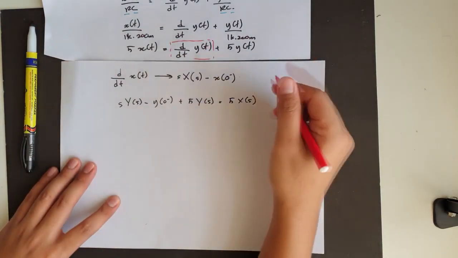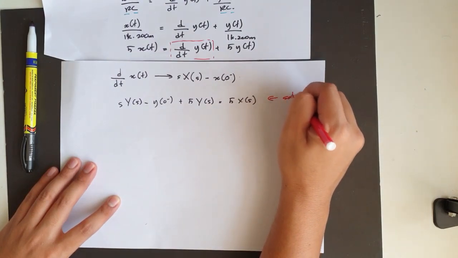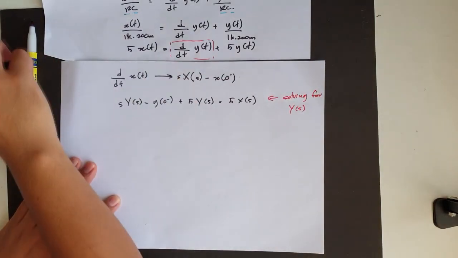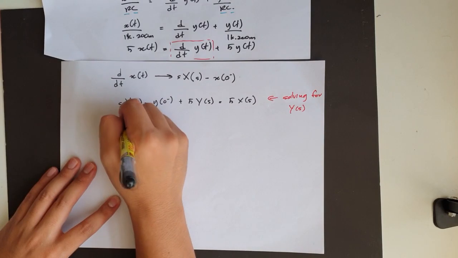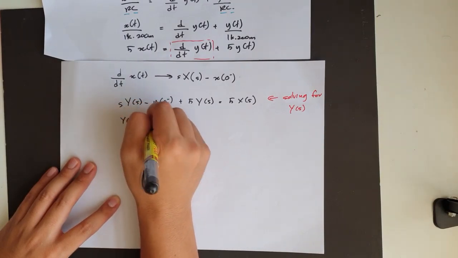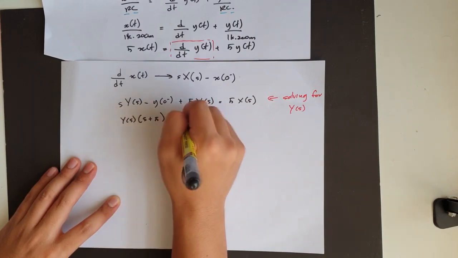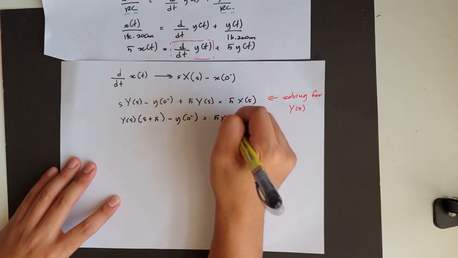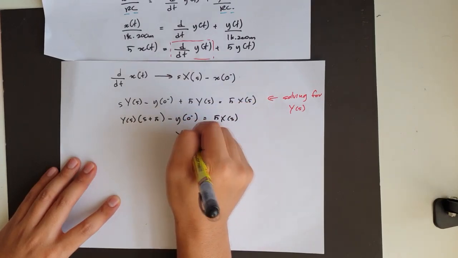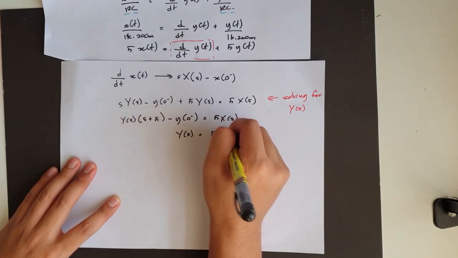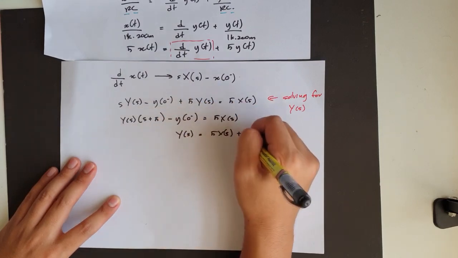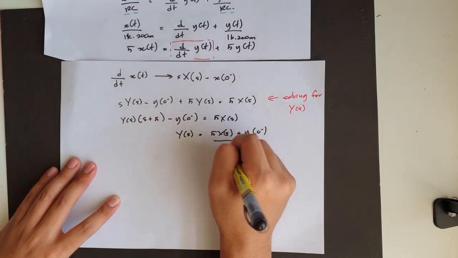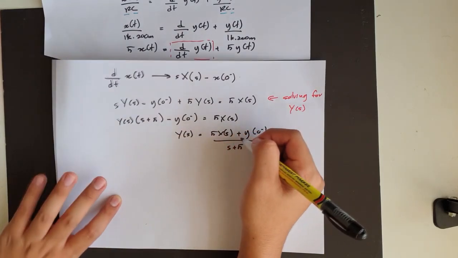So here we try to solve for Y(s). Y(s)(s + 5) minus y(0-) equals 5X(s). So Y(s) equals 5X(s) plus y(0-), all over (s + 5).